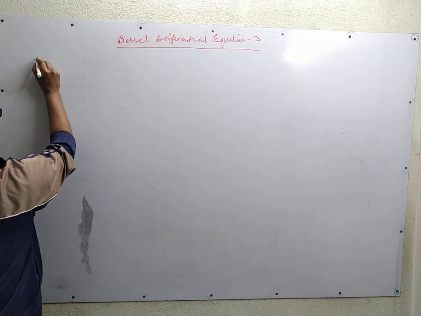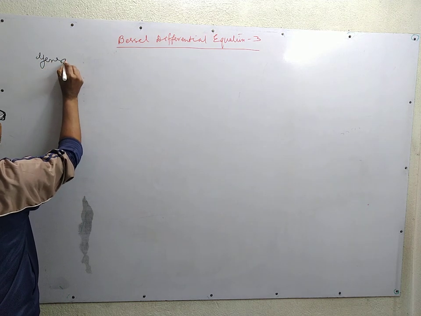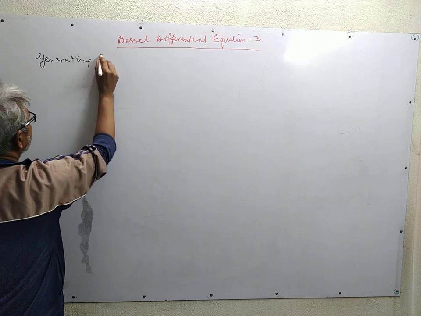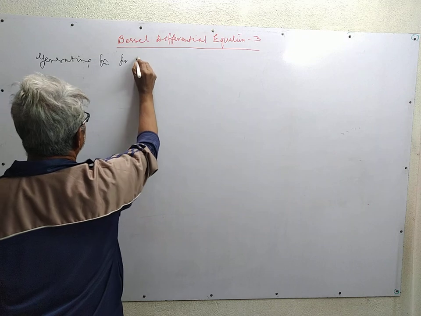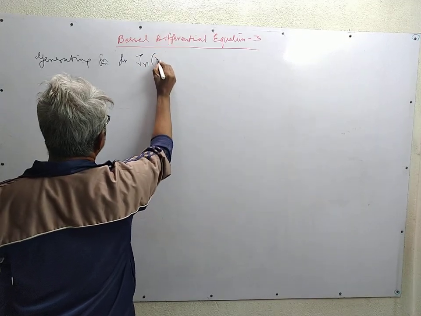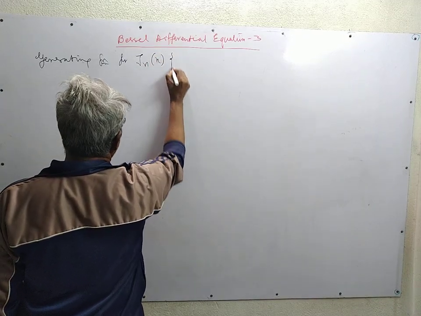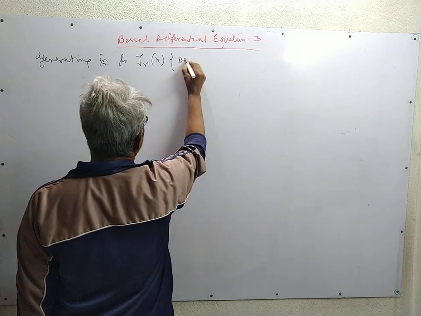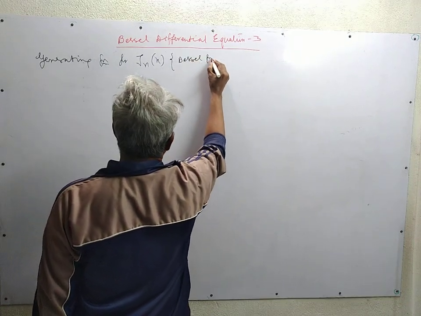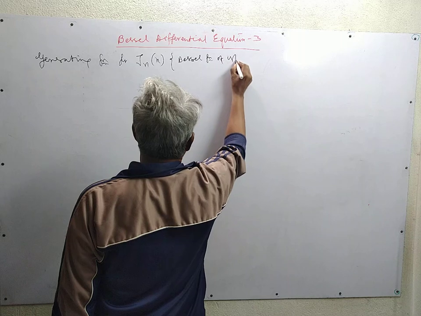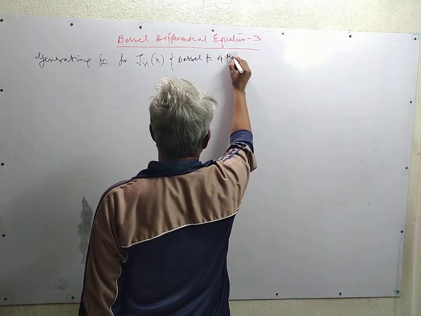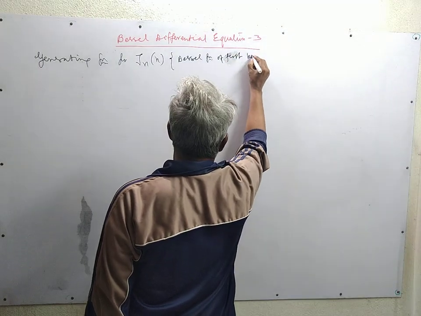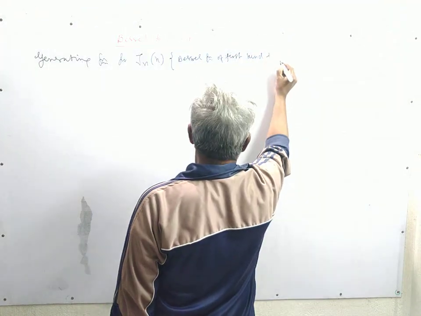So the generating function for Jn of x, where Jn of x is Bessel function of first kind and of integral order.